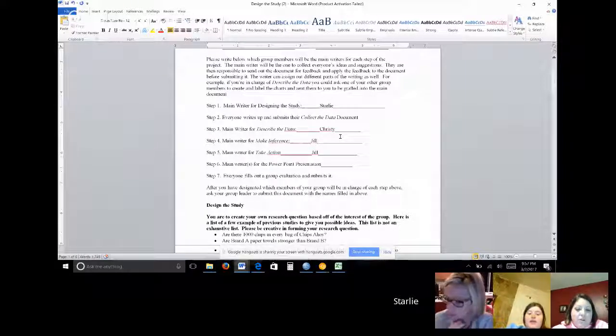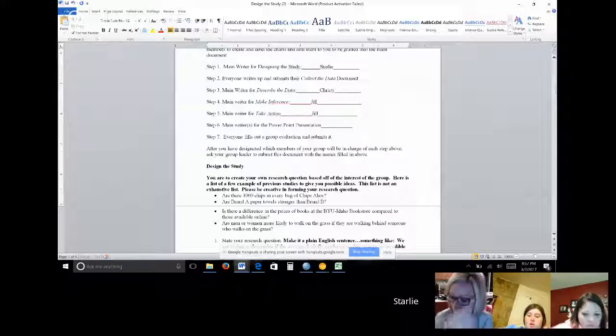In the instructions, it says the person you put as the main writer is in charge of submitting it, but you're supposed to give jobs to each person. So that person will just be screen sharing that day. We're all supposed to work together.